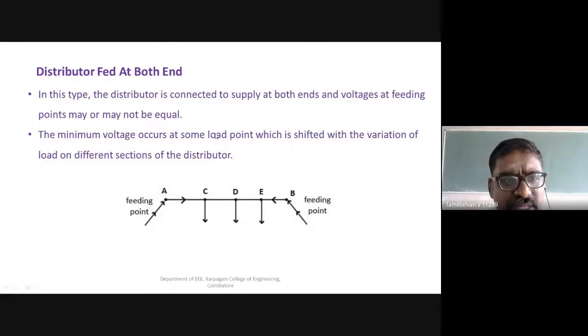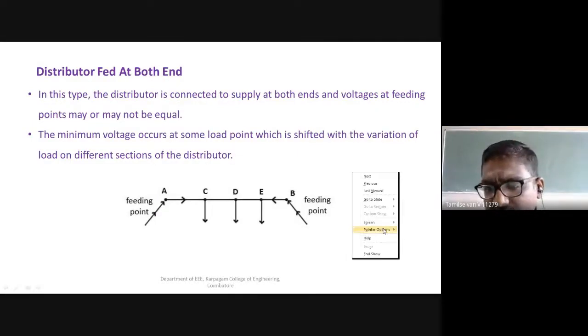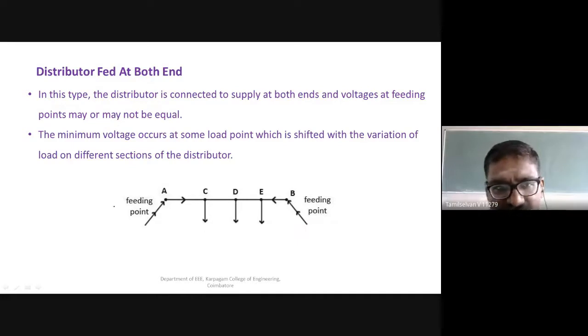Now if the distributor is fed at both points, see here, at point A the voltage is fed, and at point B also the voltage is fed. So when it's fed at both ends, the voltage at A is VA and at B is VB.